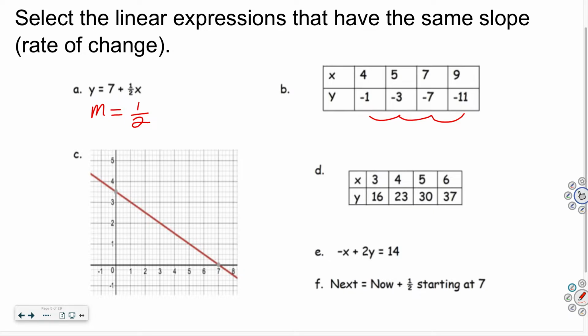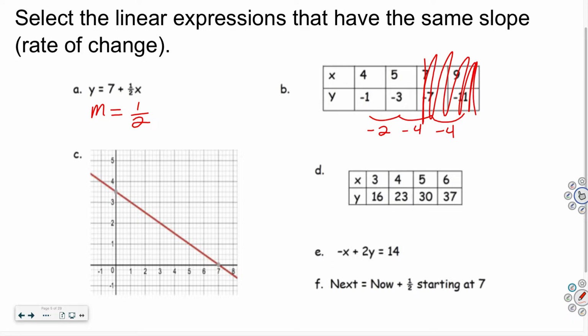From 1 to -3 is -2, then to -7 is -4. So this is non-linear. This doesn't work, this is not a good example.